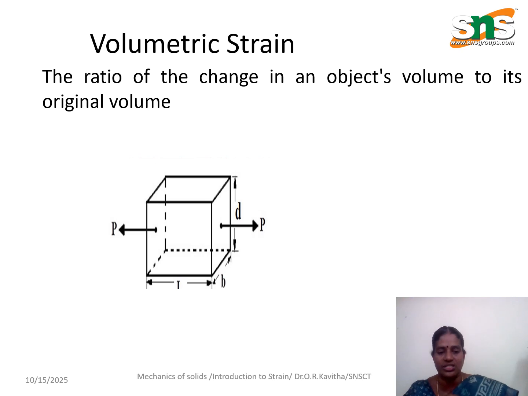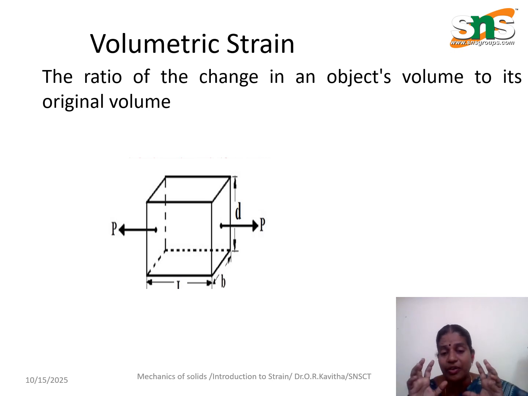Next one is the volumetric strain. Here you can see this is a cube taken for explanation. Once the force is applied in the longitudinal dimension, in the direction of L, there will be an increase in the length, but simultaneously the width and depth of the cube will be reduced.